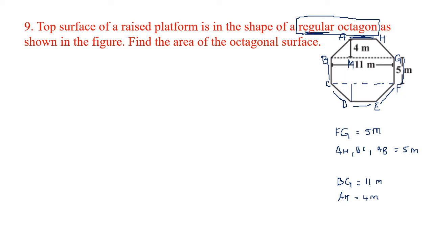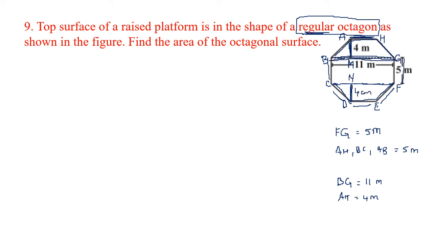Now you can see here, the top part ABHG and the bottom part CDEF, they both are equal. So if AM is 4 meter, then DN will also be 4 meter.